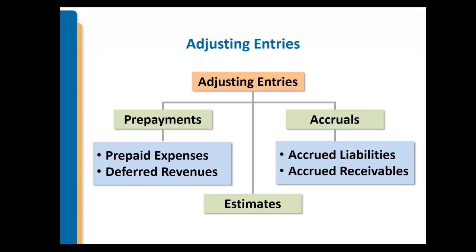So accruals include accrued liabilities and accrued receivables. Accountants often must make estimates of future events in order to comply with the accrual accounting model. And we'll talk about this in the next slide. So let's talk about prepayments.